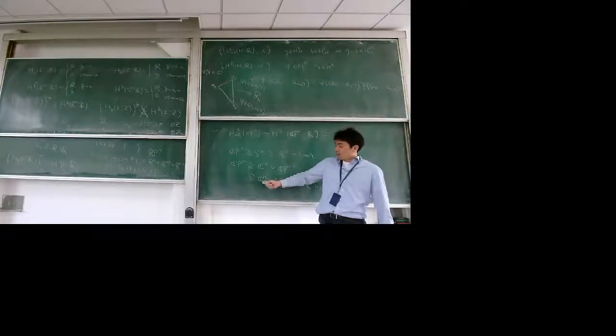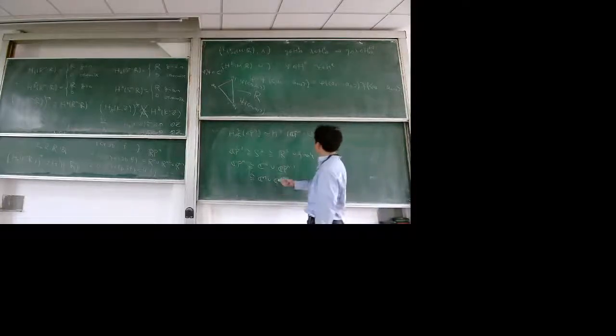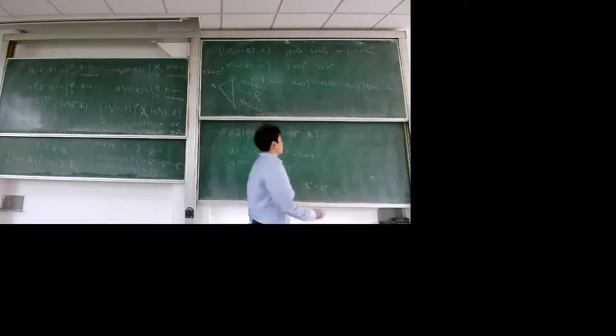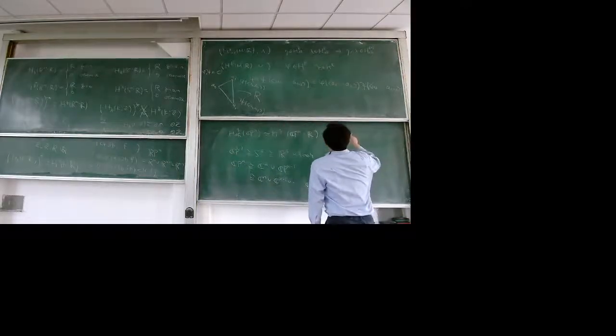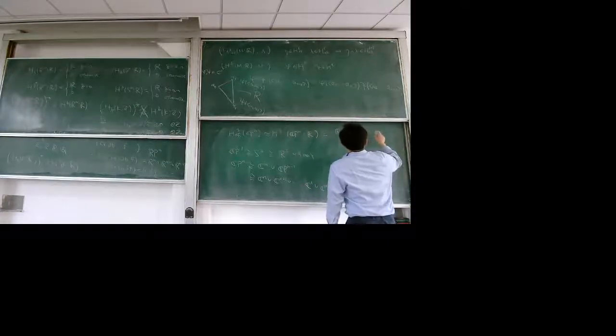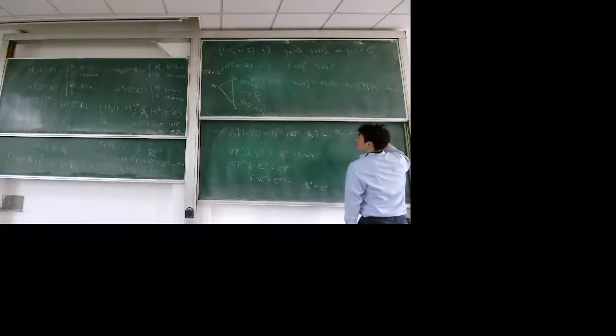There's always a map from CP^n to some ring R, so that this one is indeed R when q is equal to 0 to 2n, and 0 otherwise.